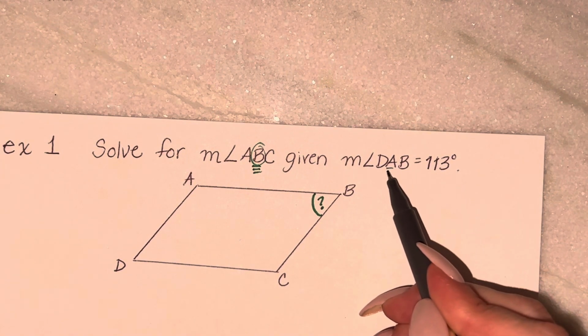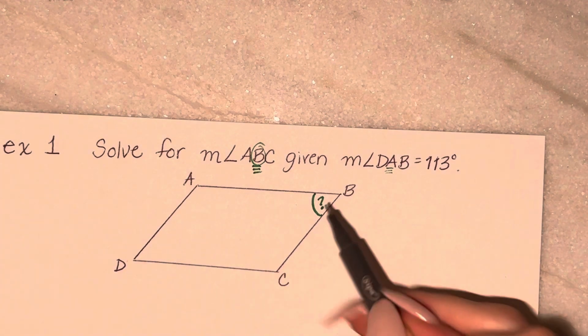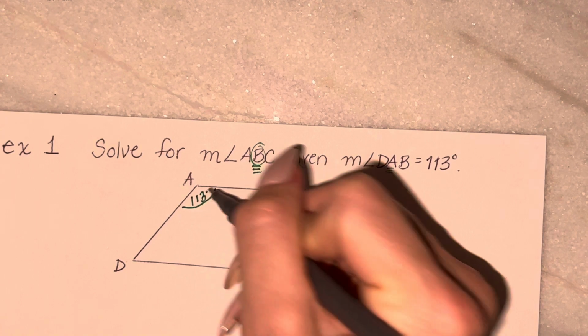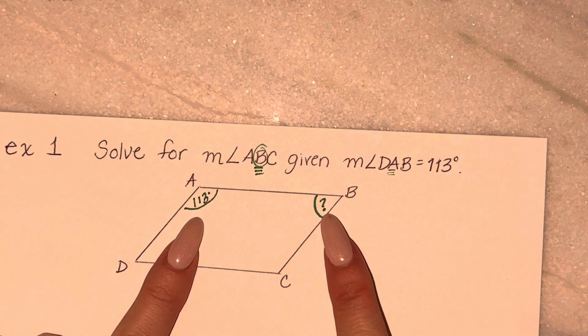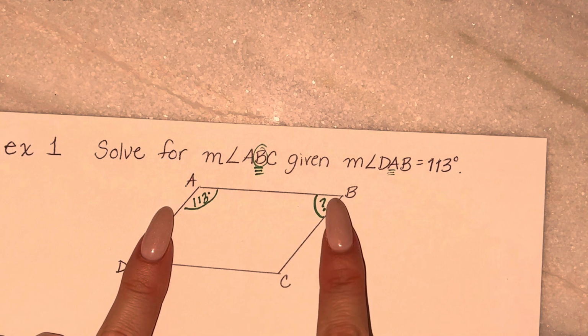So DAB, remember, you want to focus on that middle letter, DAB, so that's right here, is 113 degrees. So are these two angles opposites or are they consecutive? Because there's one right after another, these are going to be consecutive.